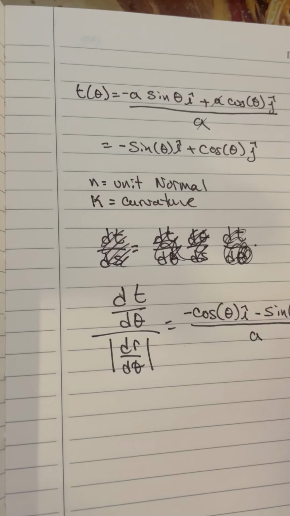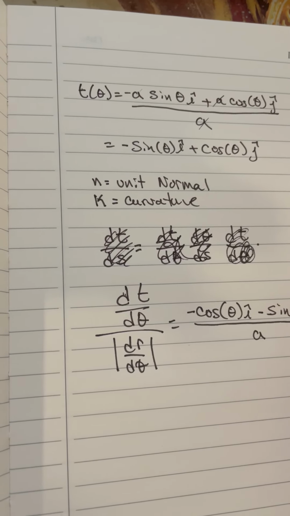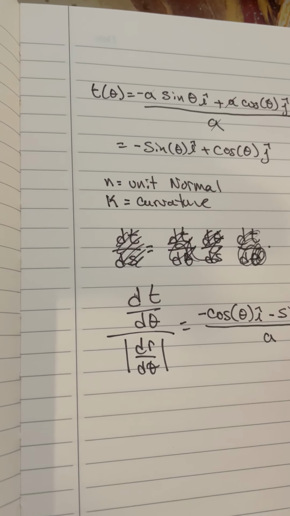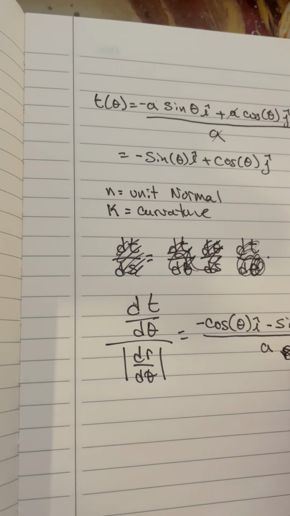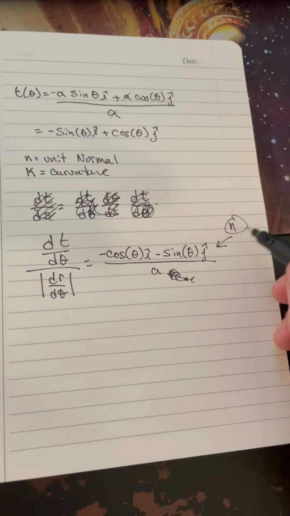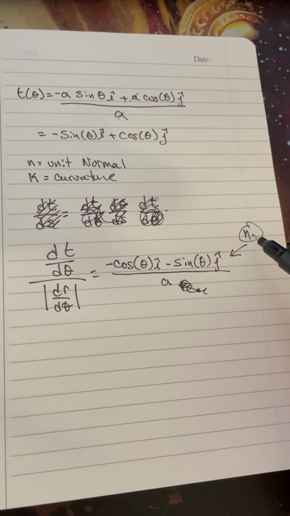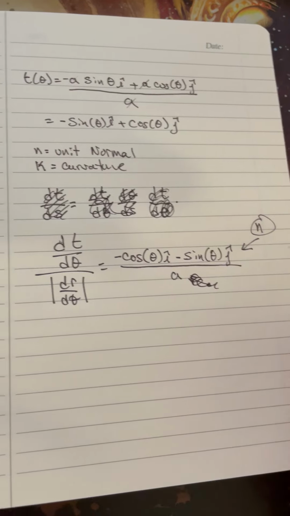Therefore, the top part of this equation is going to represent your unit normal, your N. And whatever you multiply by this N will be considered this kappa, this curvature thing that you're looking for.